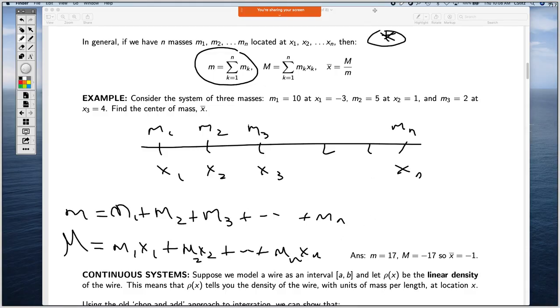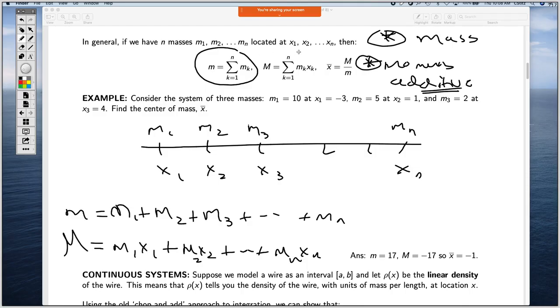And we've seen this before, is that mass and moments are additive. And you know that if we have things that are additive, that means that there's a good chance we'll be able to use an integral to calculate the mass and the moments for more complicated systems.